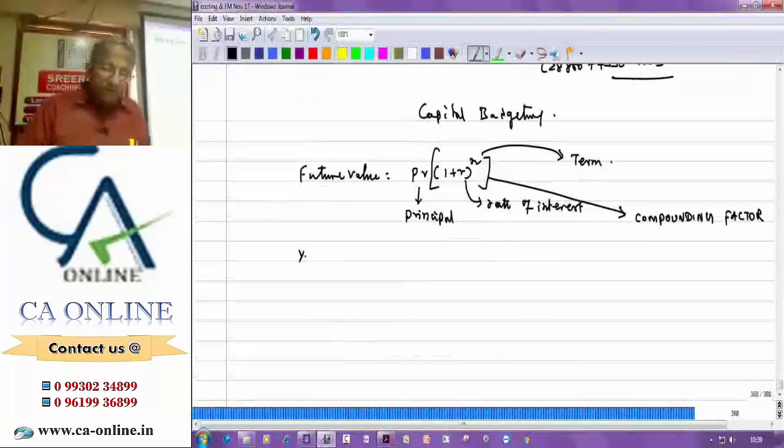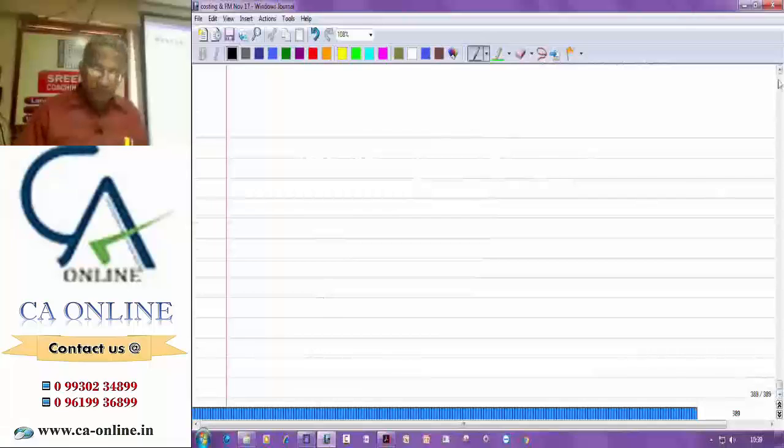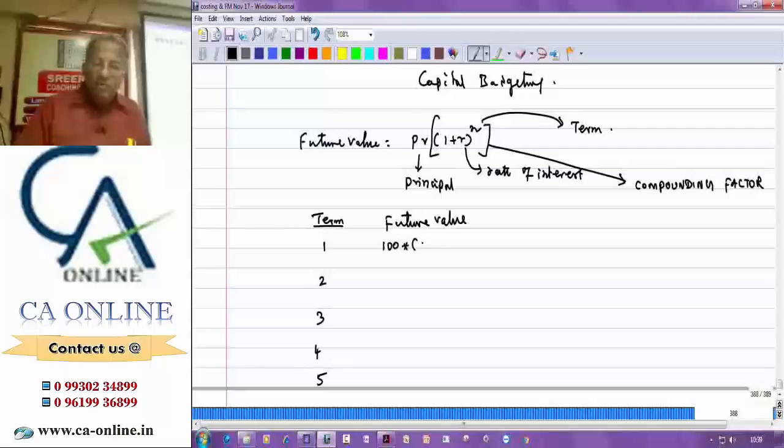So if the term were to be 1, 2, 3, 4 and 5, the future value would be 100 into 1 plus 0.10 to the power 1. That becomes 110. We are not going to discuss only this future value in capital budgeting, but what we are trying to say is that this tool will be used.